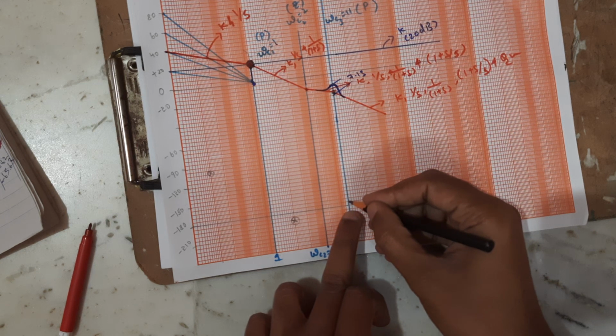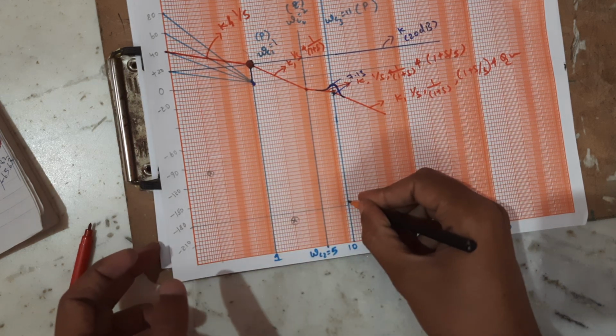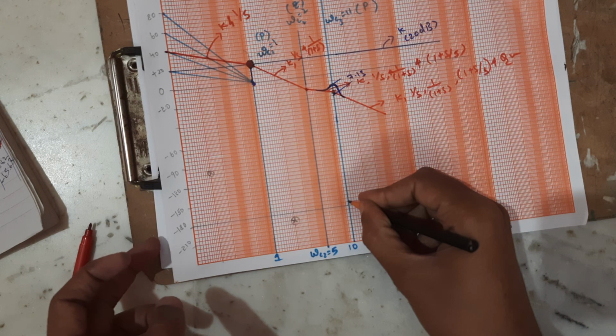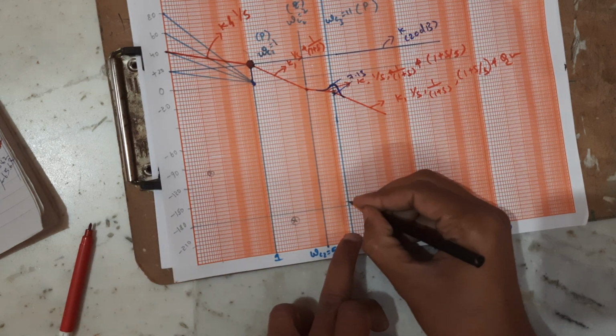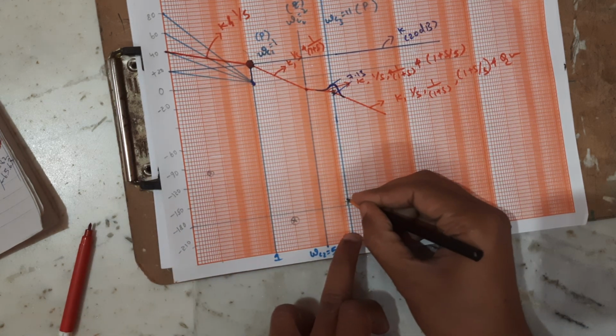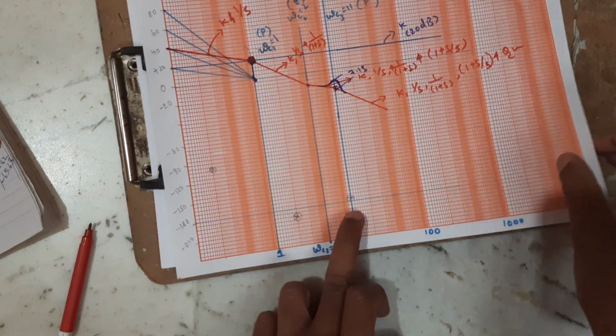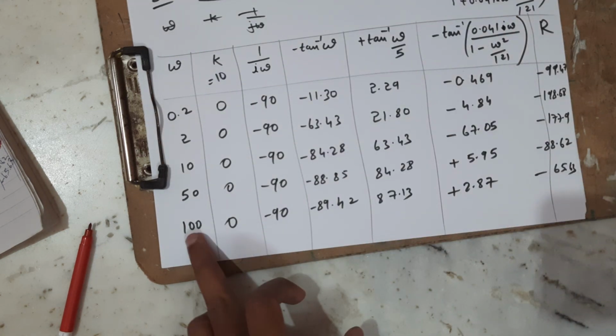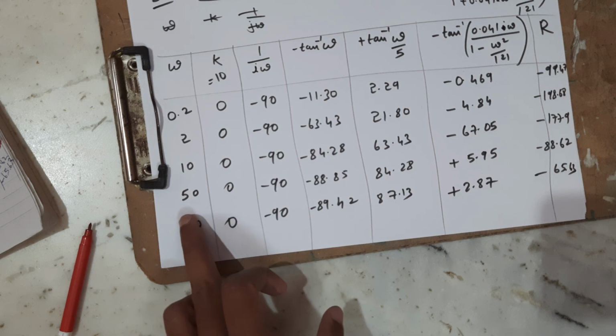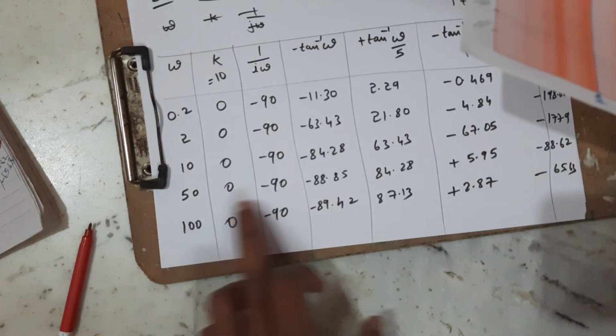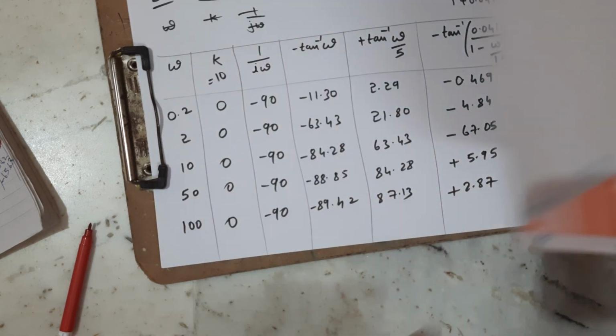Minus 180, minus 6, it will be 174, somewhere here. Okay, this is 177.